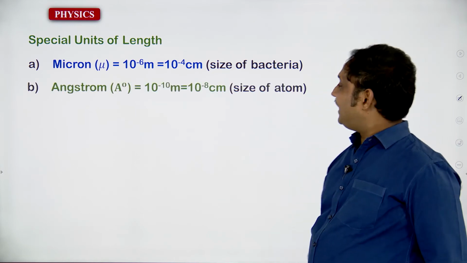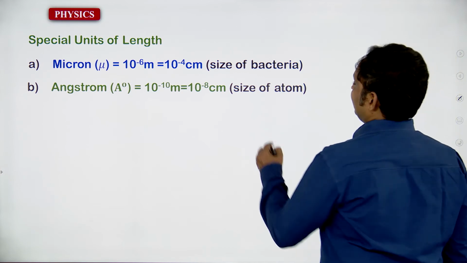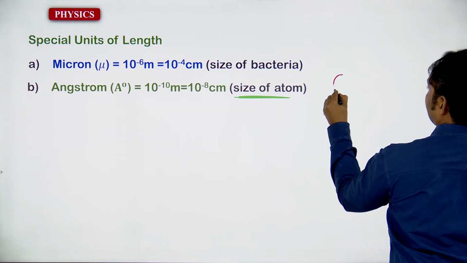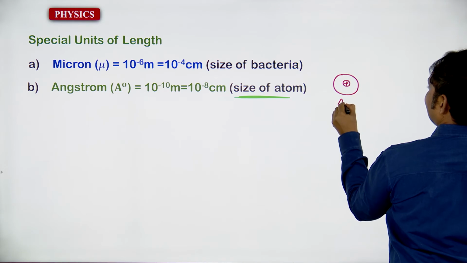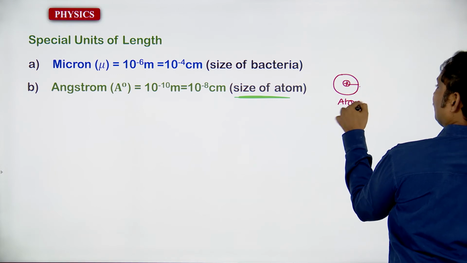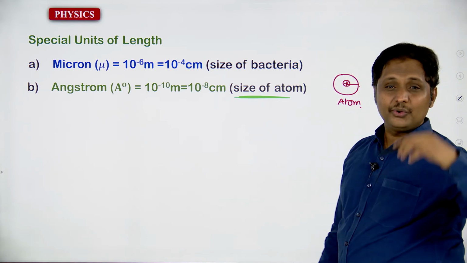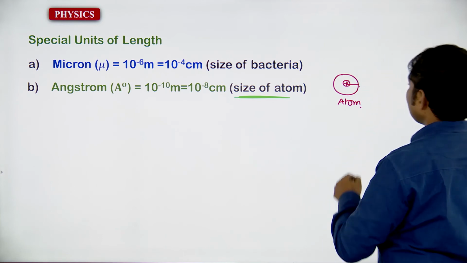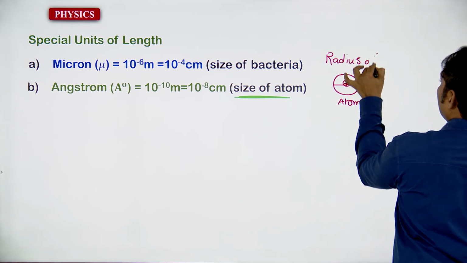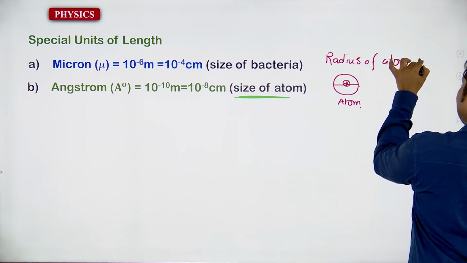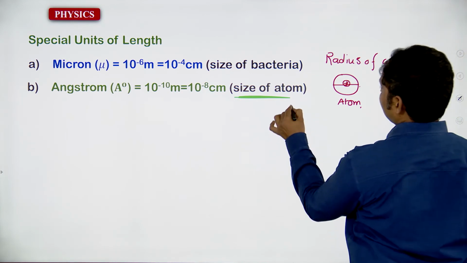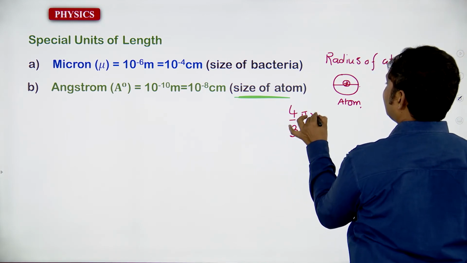So 10 power minus 6 meter, that is 1 micron, all right. Let's take 1 angstrom unit. It's very clear. When you talk about the size of an atom, let's assume this one is an atom. Its size means you have to represent the radius of the atom in the order of angstrom units, and you can measure its volume, 4 by 3 pi r cube.